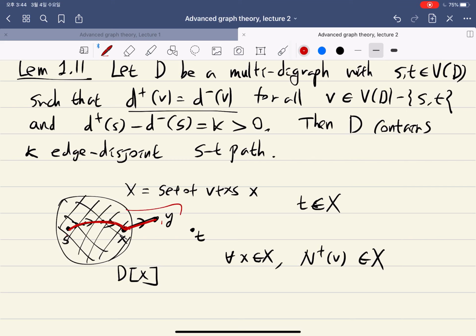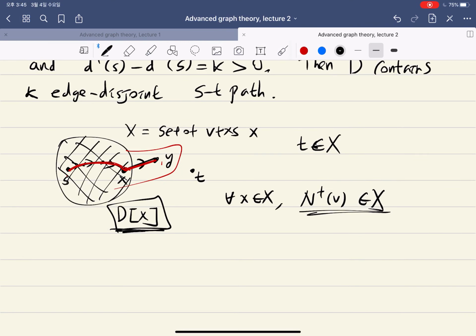So y also has to be in X. So this shows that in this induced subgraph, say D prime, the out degree of x is at least as large as its in degree.